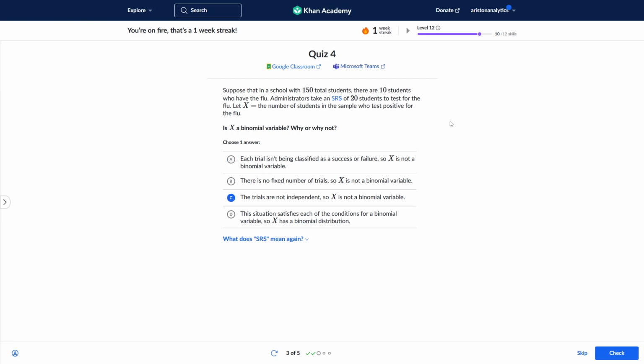It doesn't mention independence, so I'll assume it's not.